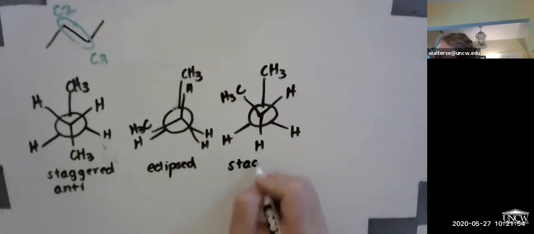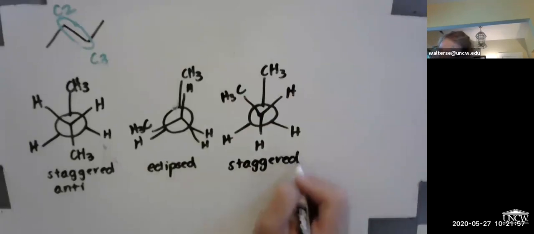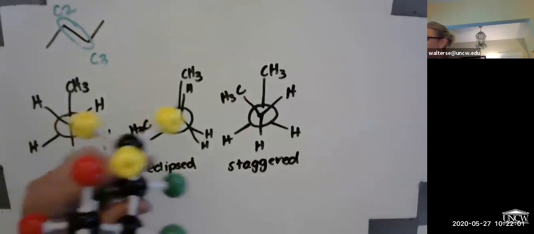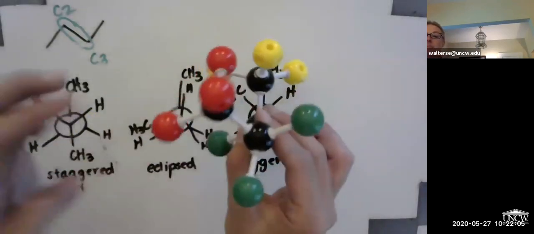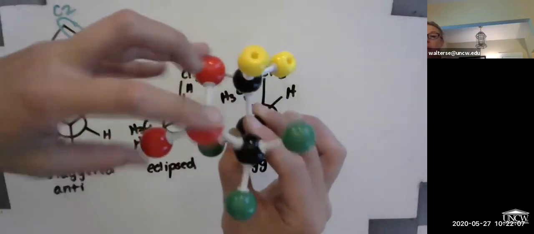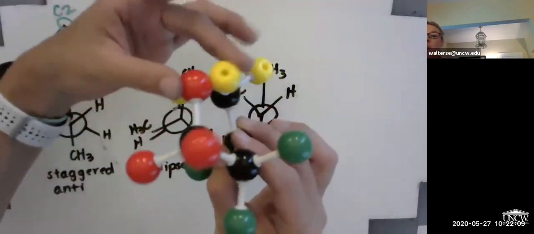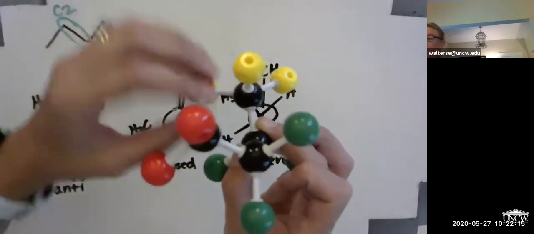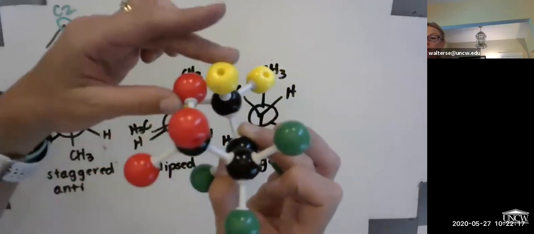Staggered. But now this one, it's staggered, but these methyl groups that are shown with red and yellow are so big that even though the dihedral angle is 60 degrees, they're still interacting. They're still bumping into one another.